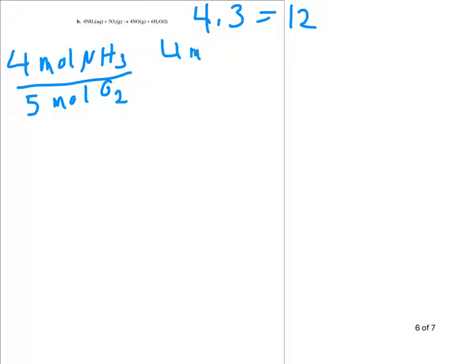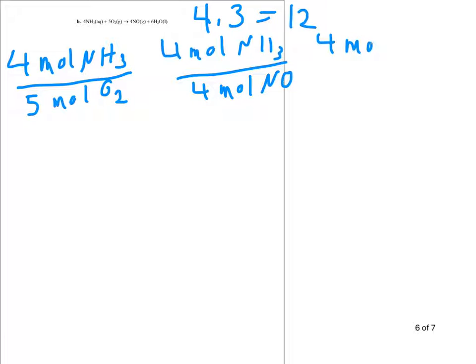4 moles NH3 over 4 moles NO, and 4 moles NH3 over 6 moles of H2O. There's 3. I flip them over.